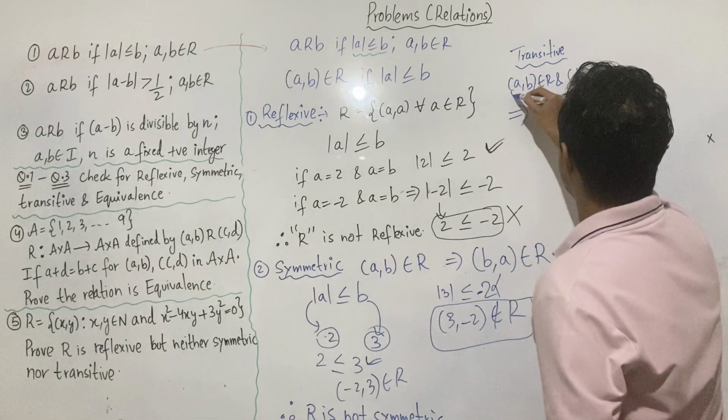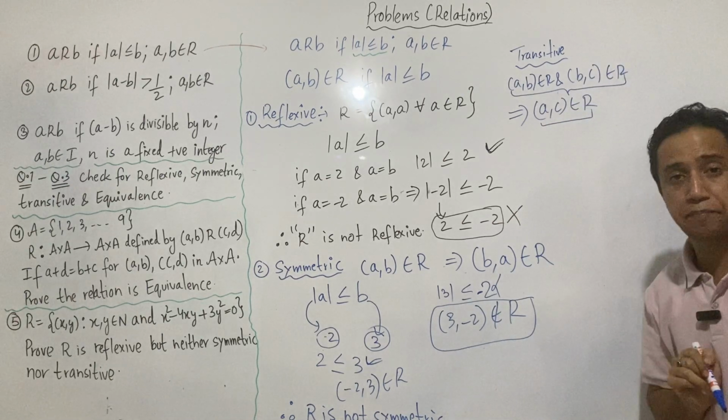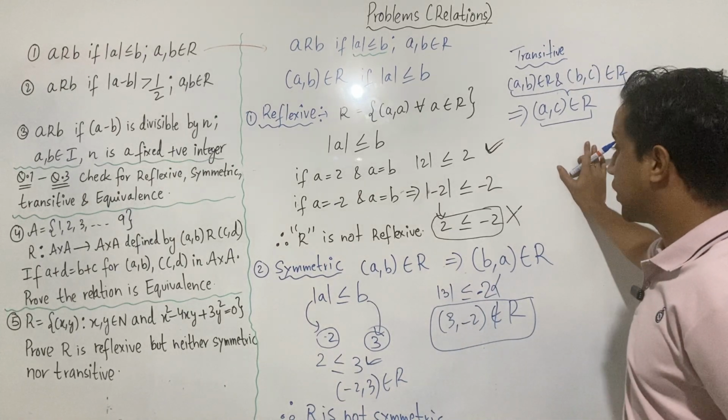If these two things happen, then this thing must also happen. That's what transitive says. Okay, so we can check it.